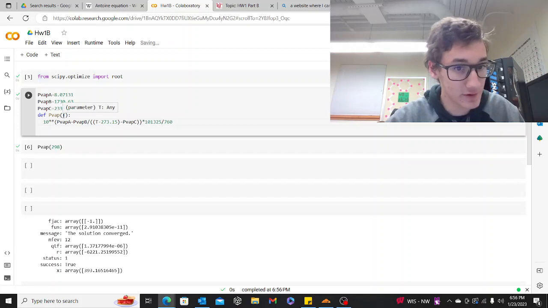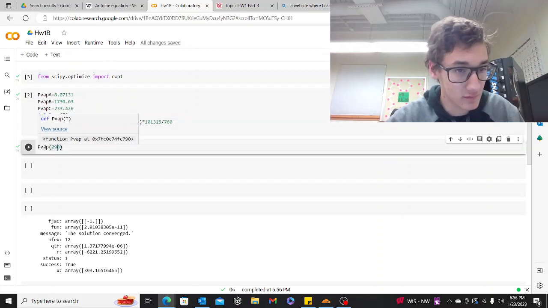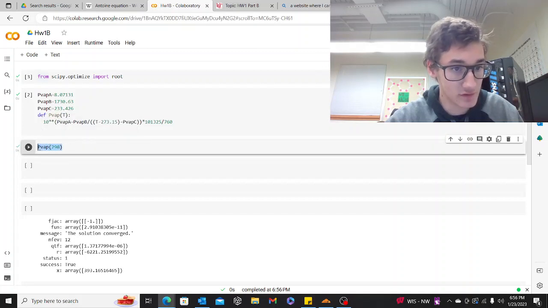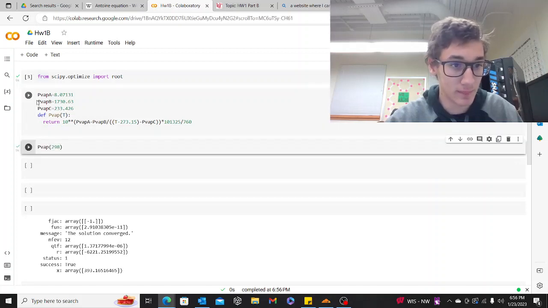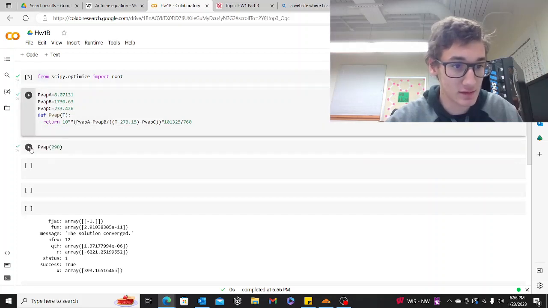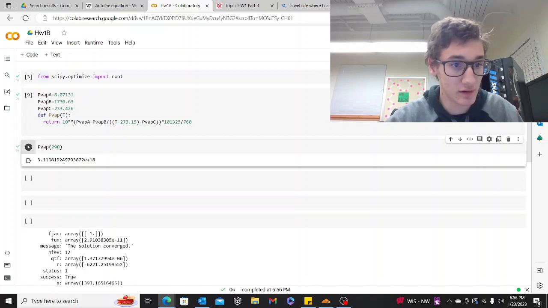So T parameters any. Function. Okay, let's try it under here real quick. Oh, I know why. I never put return, so it would just do it once and then take it. Save that. There we go. And that doesn't seem right to me.